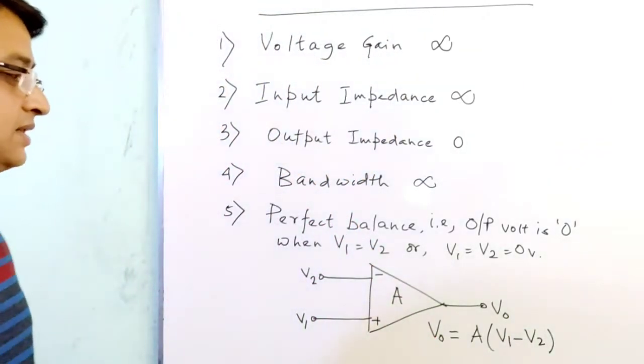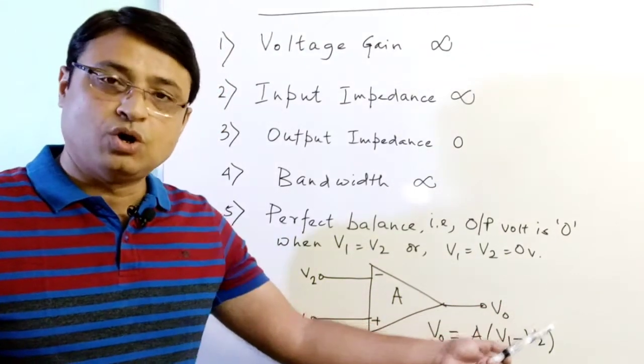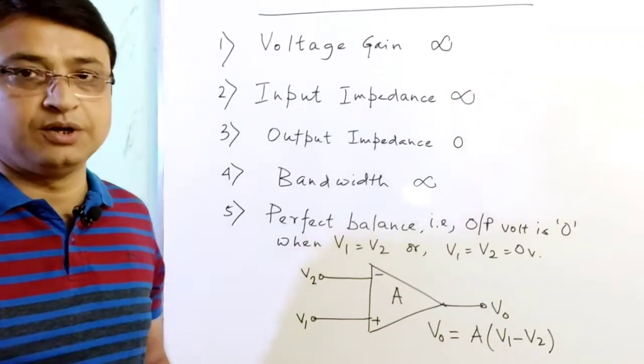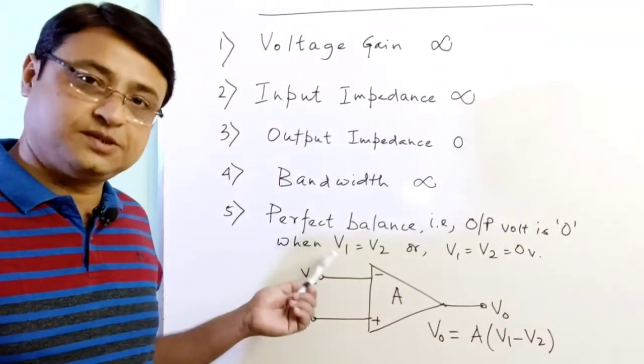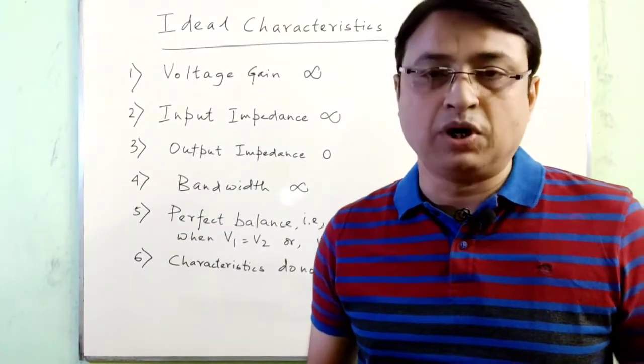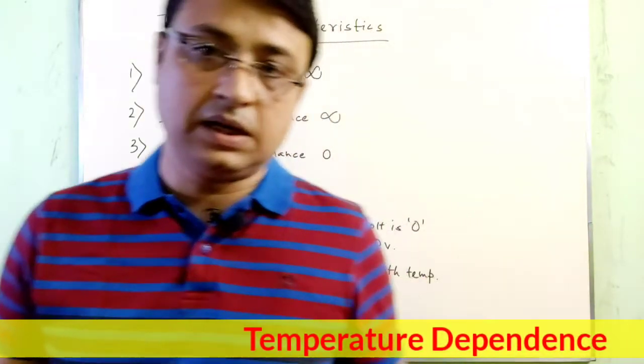So as you can see, if V1 equals V2 equals 0, or if V1 equals V2, then V0 will be 0, and that is the point known as the perfect balance. The next point tells us about the temperature dependence of an ideal op-amp.